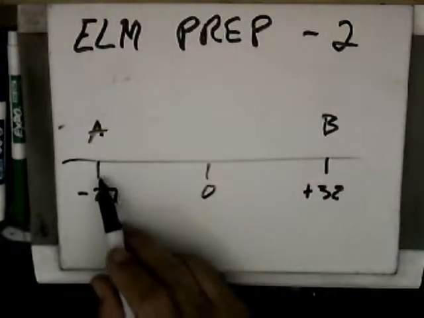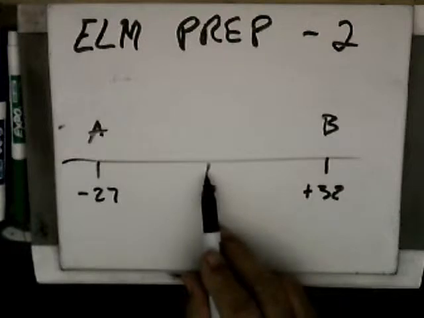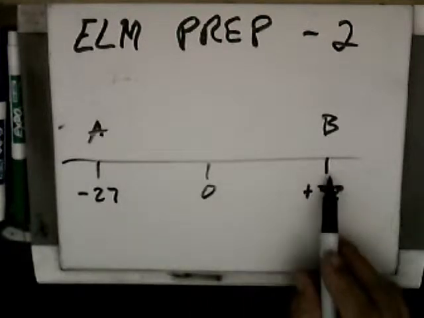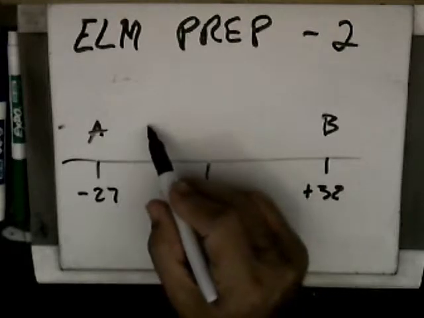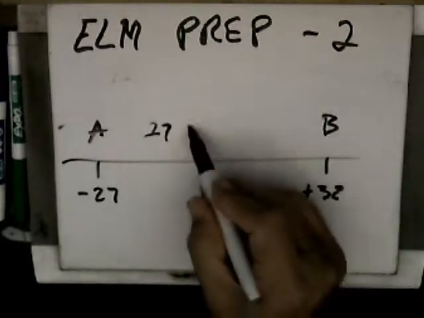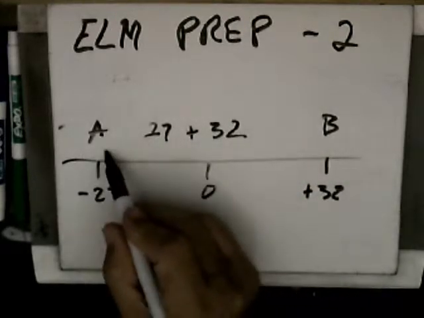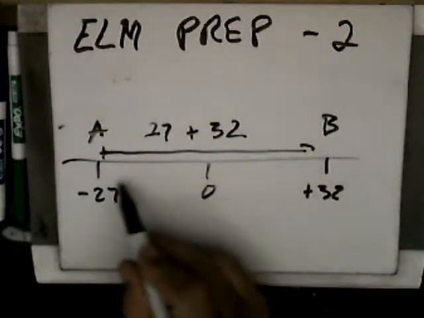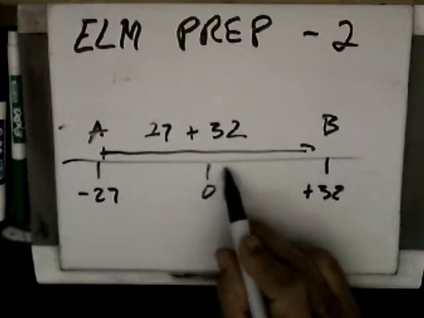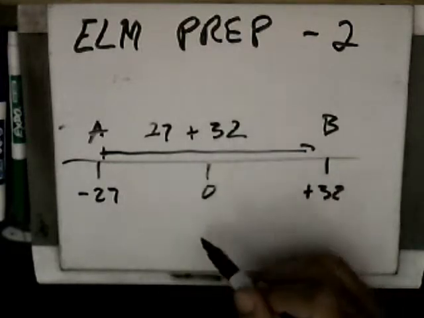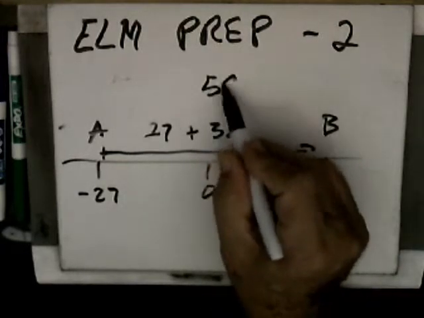Well, I can certainly go and say, well, that's 27 to there and 32 to there, and then I would add the total distance. So I could say that's really 27 plus 32. If I were counting from this point up to this point, I would go 27 to the right, plus 27 steps, plus another 32 steps, for a total of 59.